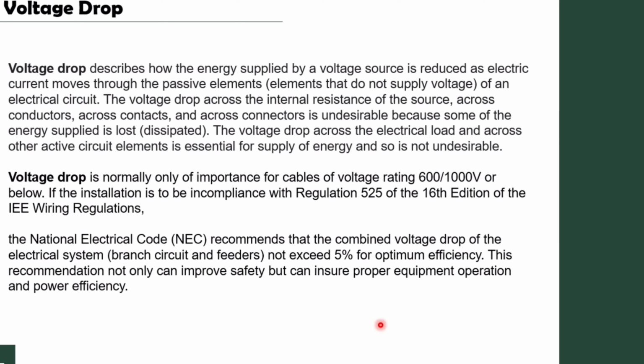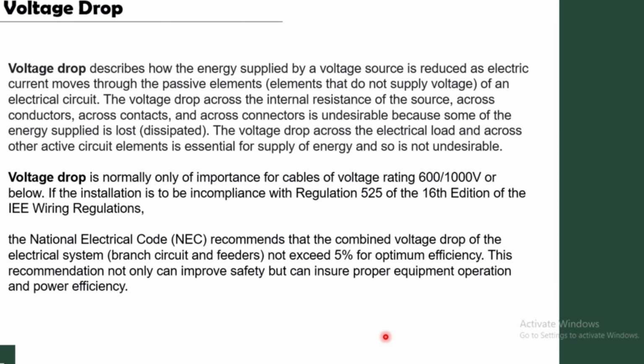The voltage drop across the internal resistance of the source, across a conductor, across a contact, and across connectors is undesirable because some of the energy supply is lost or dissipated. The voltage drop across the electrical load and across other active circuit elements is essential for supply of energy and so is not undesirable.